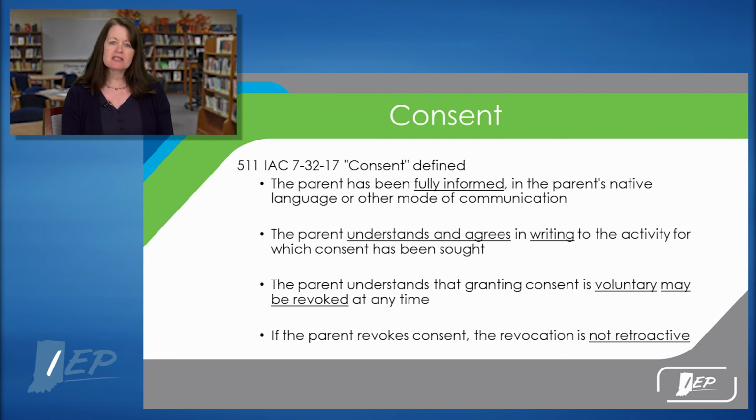And Article 7 tells us that consent is a situation where the parent is fully informed in their native language or other mode of communication about what they're consenting to. It's also important that the parent understands and agrees in writing for whatever it is that we're asking for consent for.